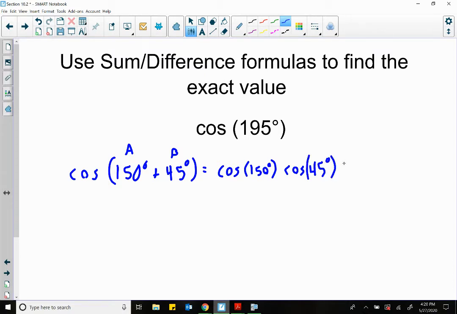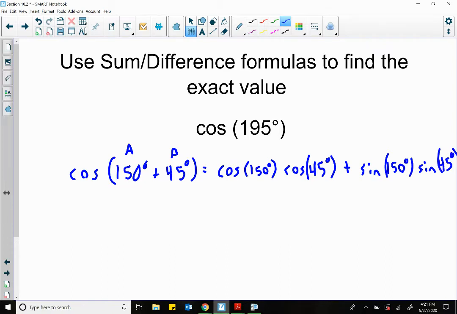I don't know why I'm putting parentheses. You don't really need them. Plus sine 150 degrees, sine 45 degrees. Okay?